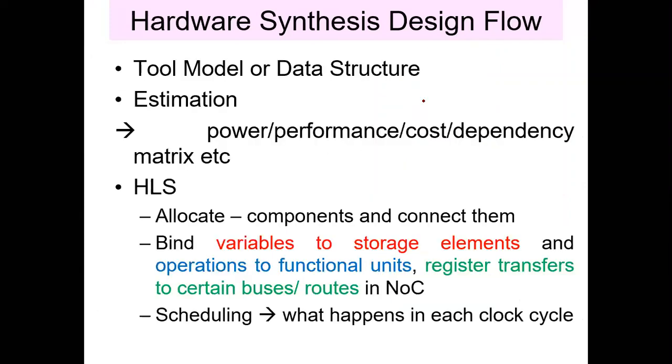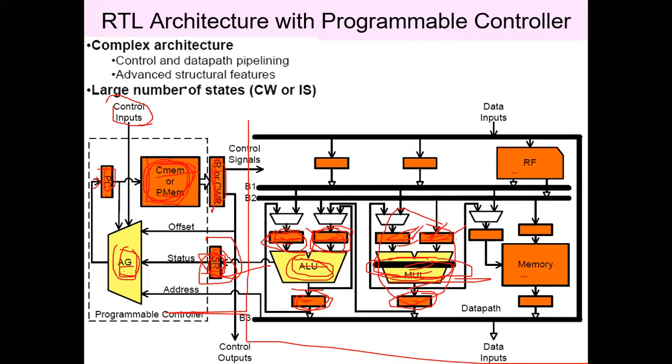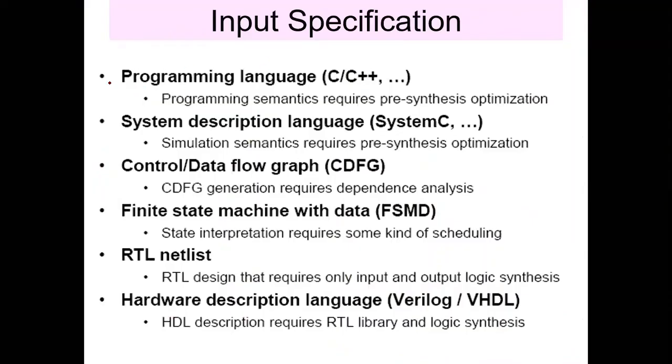Input specification can be done in different methods. It can be written using programming languages, either C, C++, or some system description languages like SystemC. Or it can be given using a control data flow graph method, FSMD or finite state machine with data type, an RTL netlist, or HDL, hardware description language, as the method for giving the input.